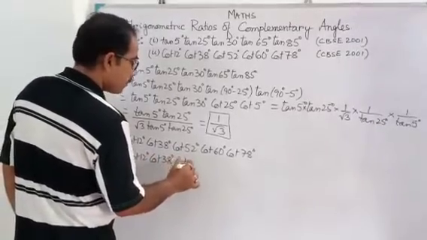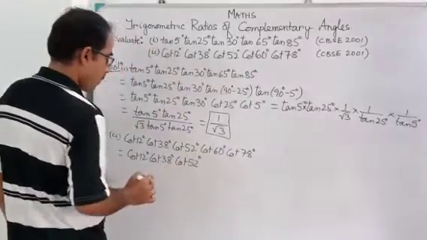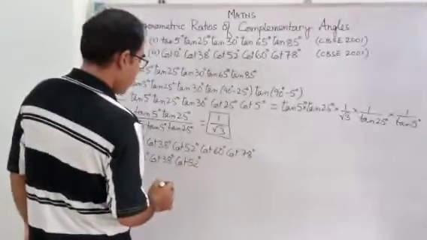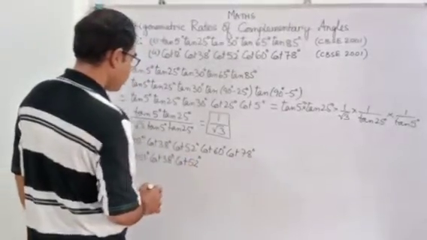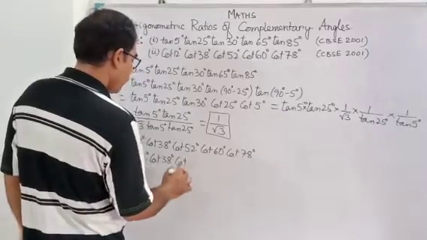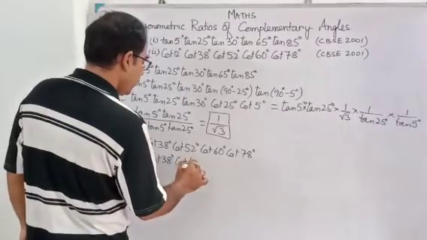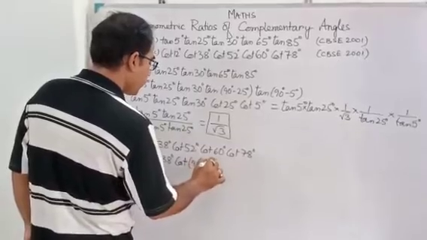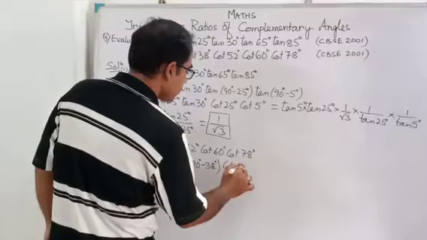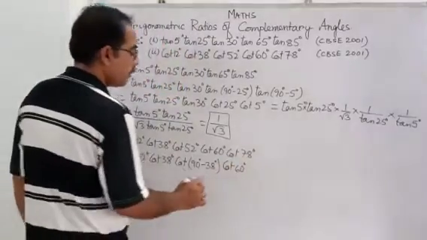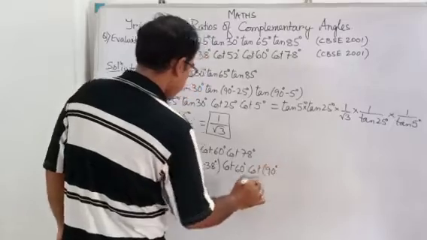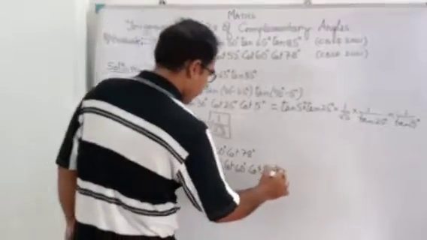Cot 52 degree we can change. Cot 52 degree will be 90 minus 38. Cot 60 degree we can put the value afterwards. Cot 60 degree, and cot 78 degree means what? Cot 90 minus 12.